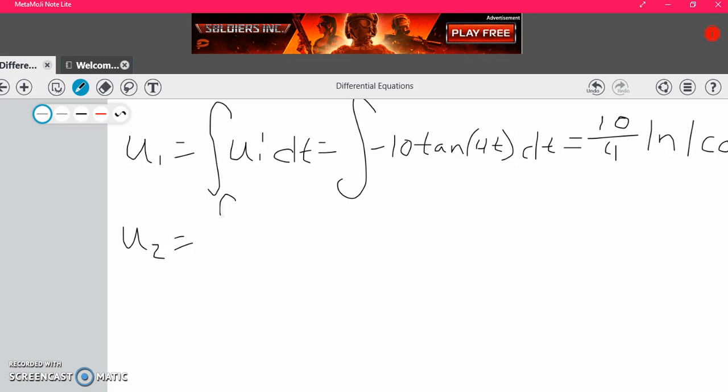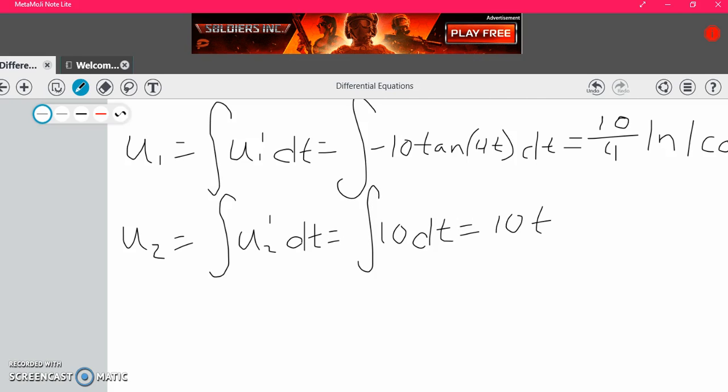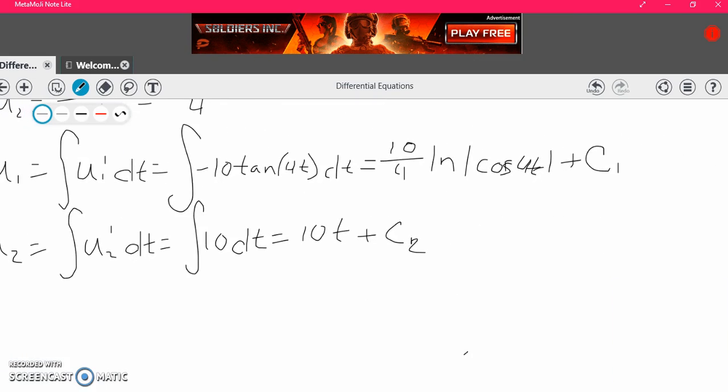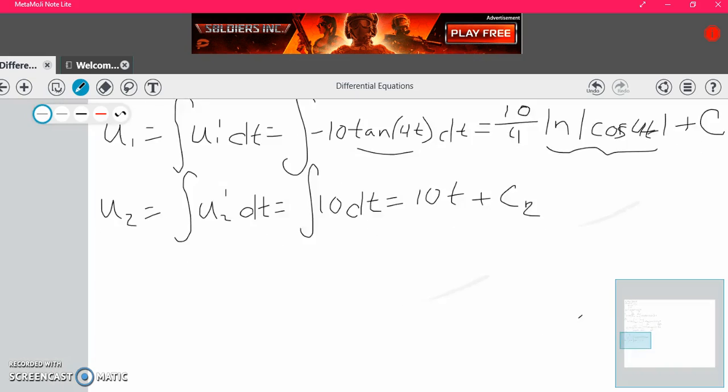Alright, u2 you gotta do the same thing with u2 prime dt. Of course you just have 10 there, so that should be pretty easy. Yeah, just 10t plus your constant. This is just kind of something you have to memorize. The antiderivative of tangent is equal to the negative natural log of cosine x, or t, or whatever variable you're using, which is why now we have a positive 10 rather than the negative that we had earlier.